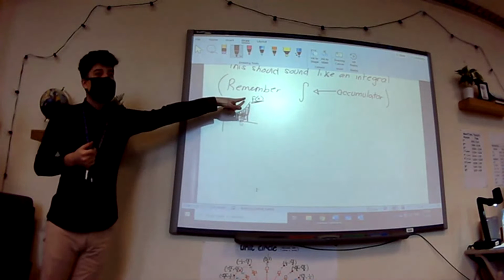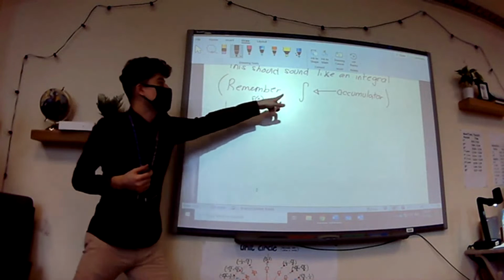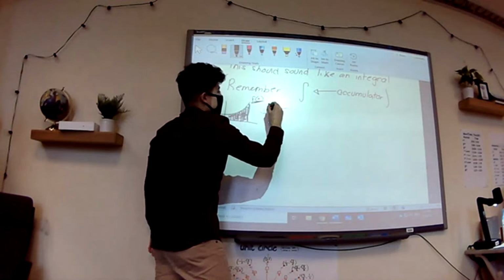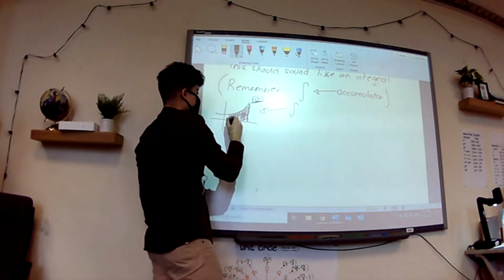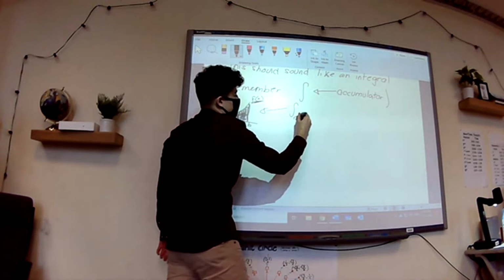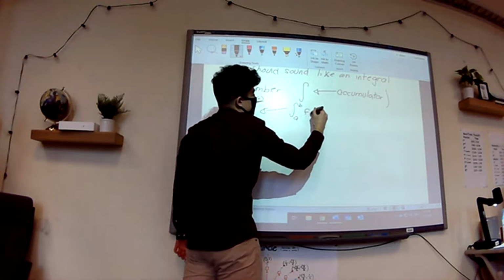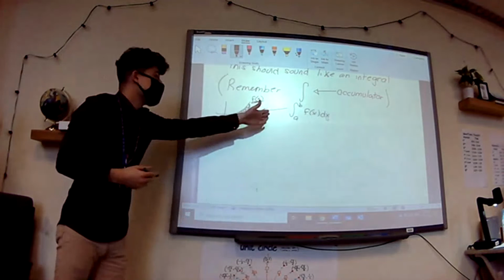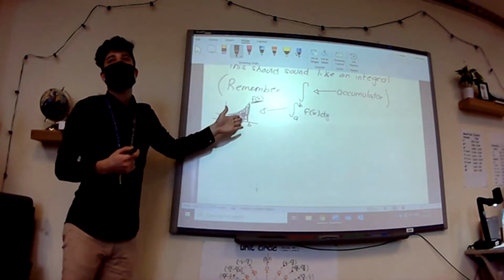But instead of putting y values in here, let me just say some stuff. That would be the integral from a to b of y value times tiny thickness, which would get me the area under there.